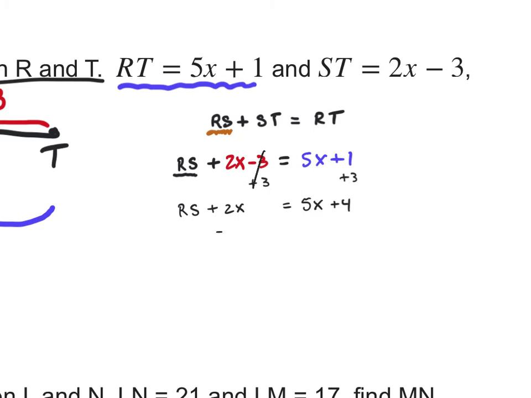Now I'm going to subtract 2x from both sides because, again, I'm trying to create 0. 2 minus 2 is 0. And that gives me, last but not least, just RS. RS is equal to 3x plus 4. And I'm done. I can't go any further because 3x and 4, I can't combine those because I have a variable here and a number here. So RS is 3x plus 4.